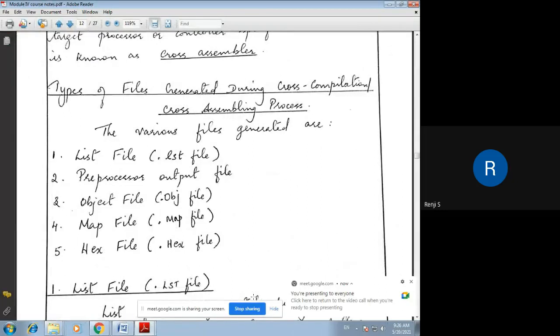Then this is another essay question: type of files generated during cross-compilation. You have to study each file and the contents of each file, that is 5 kinds of files generated during cross-compilation.